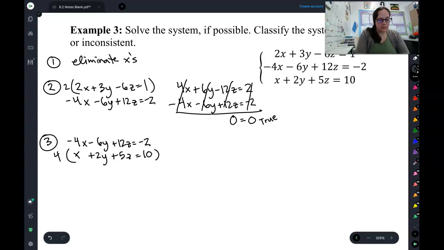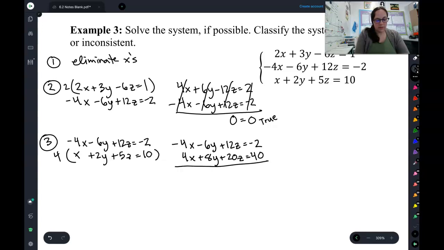So let's times this one by 4, so then I can get my X's to stack up. I get 4x plus 8y plus 20z equals 40. X's eliminate just like they're supposed to. And I get 2y plus 32z equals 38.